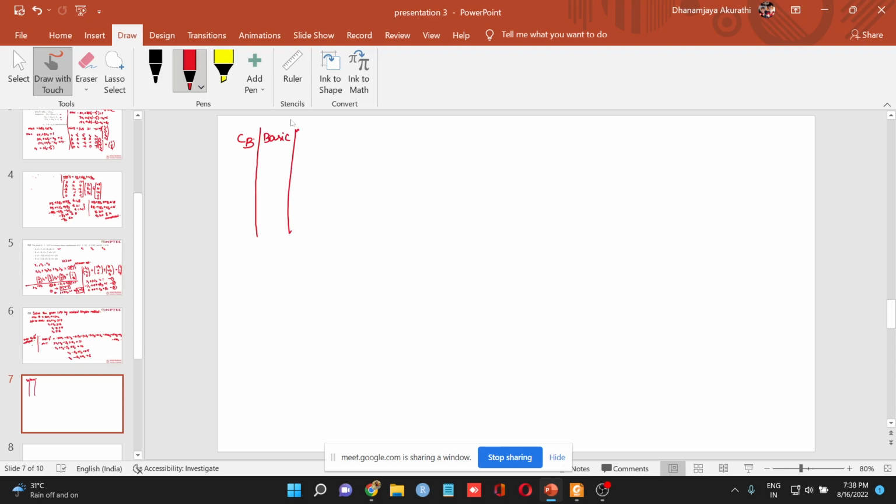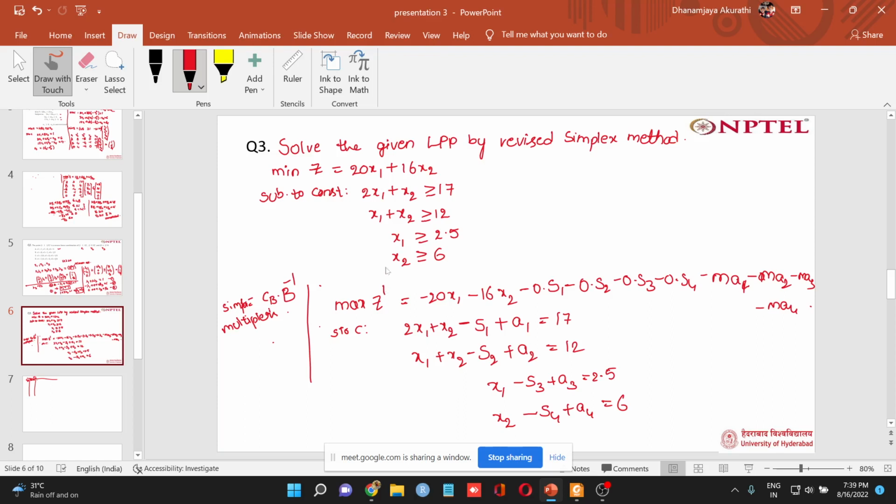What are the basic variables? Here it would be the cost coefficients in the first row. What are the basic variables involved in our question? Ma'am, A1, A2, A3, A4, ma'am.